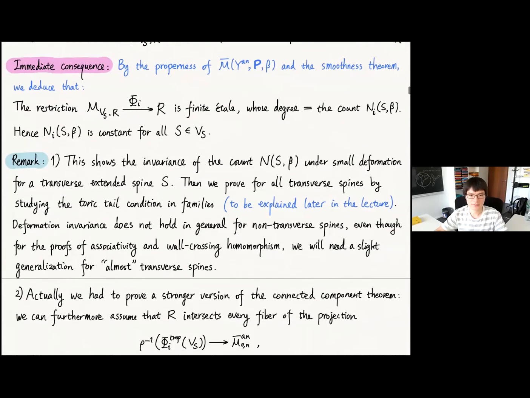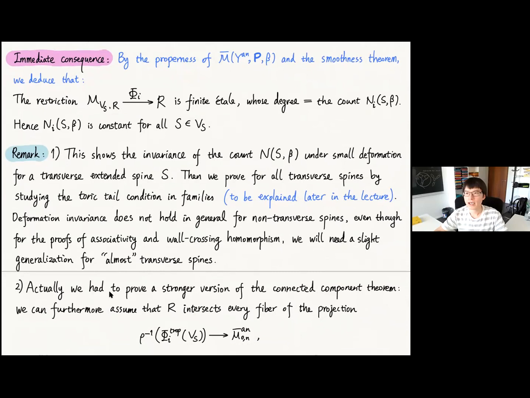Second remark, actually, we had to prove a stronger version of the connected component theorem. We can further assume that R intersects every fiber of the projection from this push-forward pullback of the open subset Vs to the moduli stack of stable endpoint directional analytic curves.